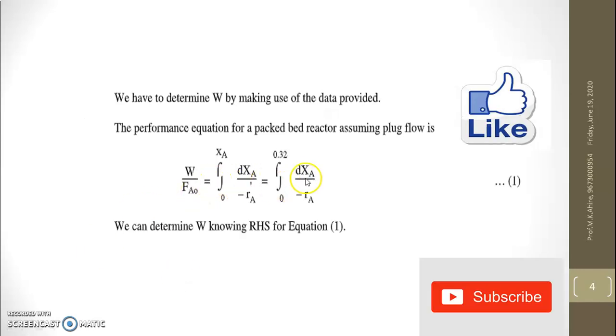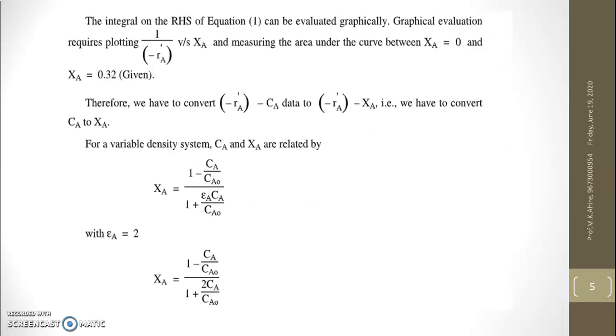Yes, this is the second numbered slide. W upon FA0 is the integration from 0 to XA, meaning 0 to 0.32, of dXA upon minus RA. We will solve this right hand side using the application of single integration, and that is why we will plot a graph of XA versus 1 upon minus RA, and that is why we have calculated the XA value for each CA and each minus RA. I think you have got this point.